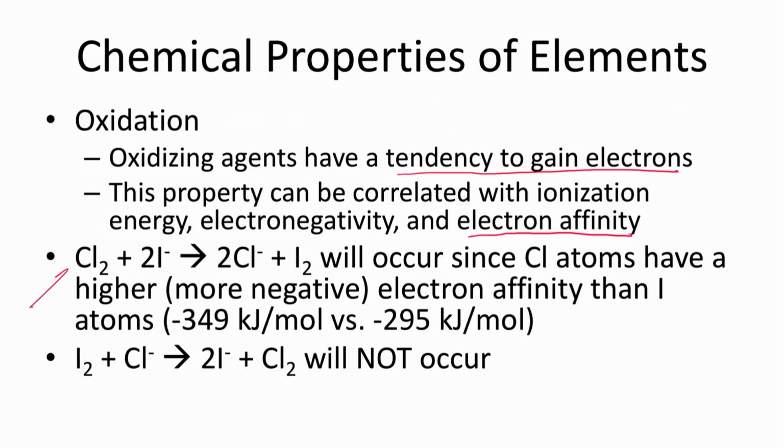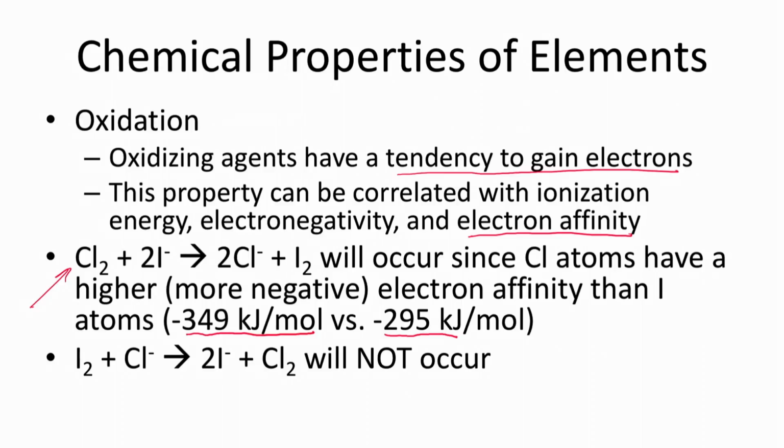So for example, if you look over here, chlorine can react with iodide to make chloride and iodine gas, or iodine solid, depending on the situation, because chlorine atoms have a much higher, or more negative, electron affinity than iodine atoms, right? If you looked up the numbers, the electron affinity for chlorine is negative 349, and the electron affinity for iodine is negative 295 kilojoules per mole.